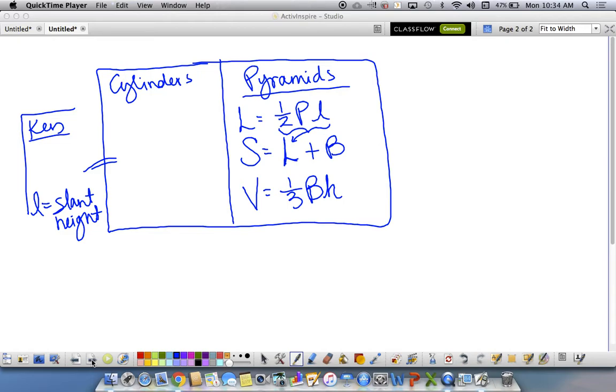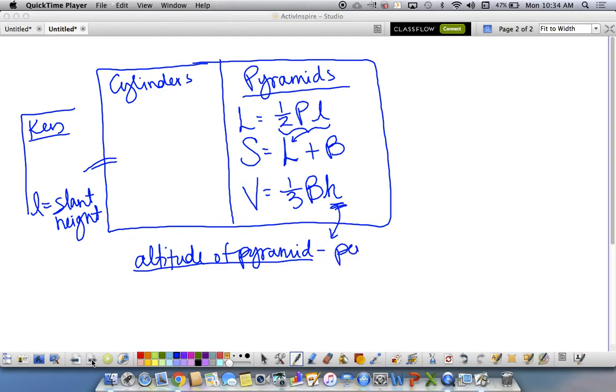We're also going to talk about, just real quick, the altitude of a pyramid, because that's what this H is. Okay? It is the altitude of the pyramid. The altitude of the pyramid is the perpendicular segment from the vertex to the plane containing the base. Okay?